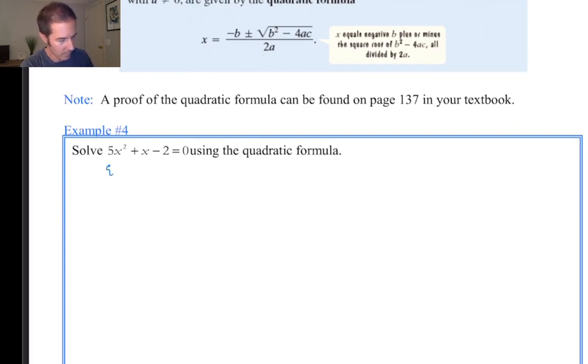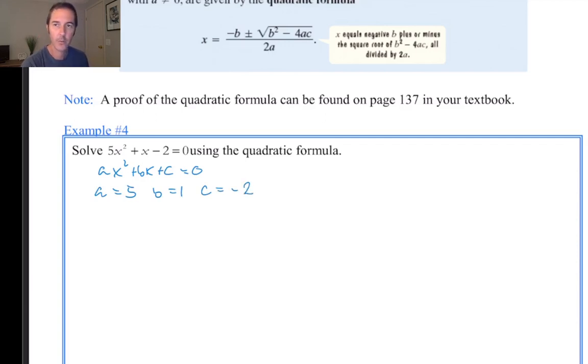Remember that this is of the form ax squared plus bx plus c equals 0. In this case, our a value is 5, our b value is 1, and our c value is -2.